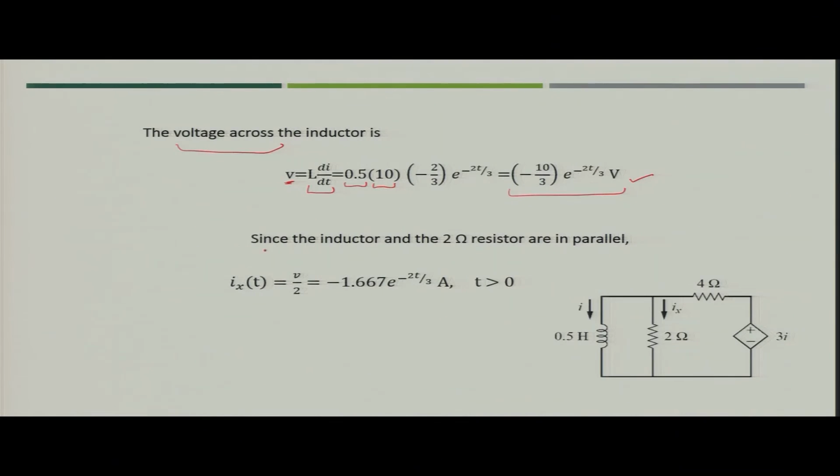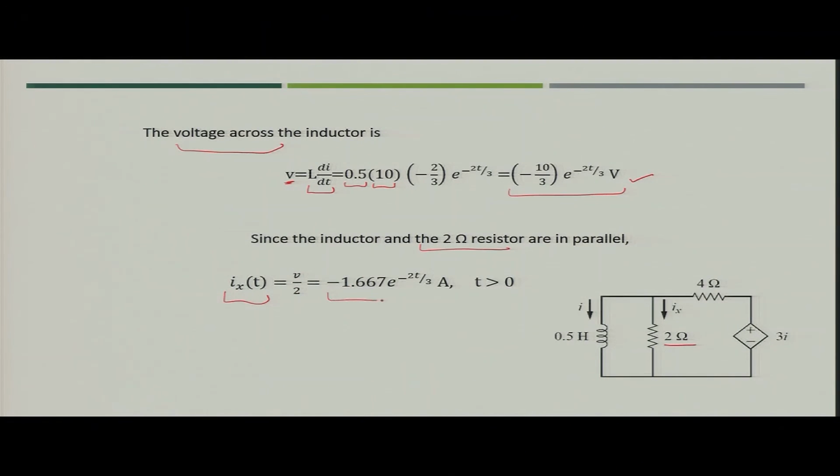Now, since the inductor and the 2 ohm resistor are in parallel, whatever voltage comes across the inductor will be the same voltage across the 2 ohm resistor. So, we can calculate the value of current Ix flowing through the 2 ohm resistor as V by 2.